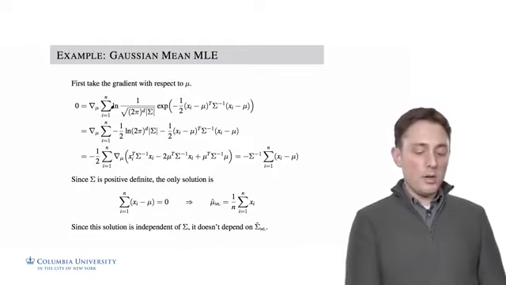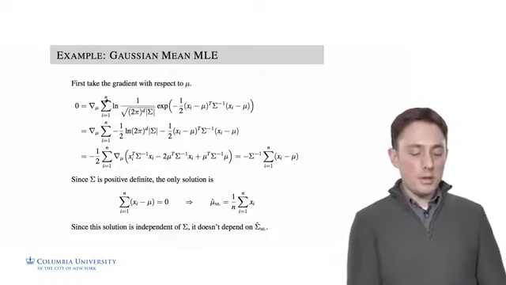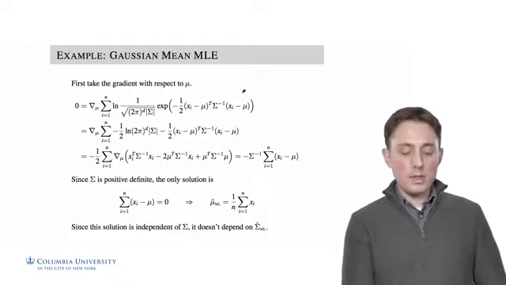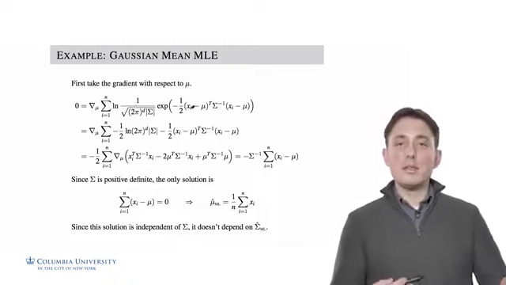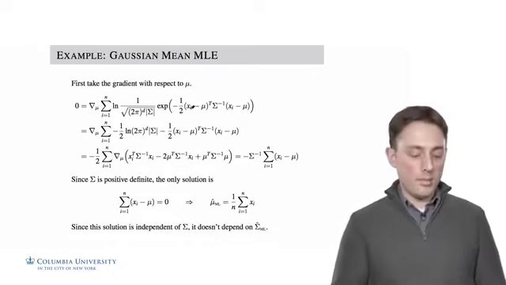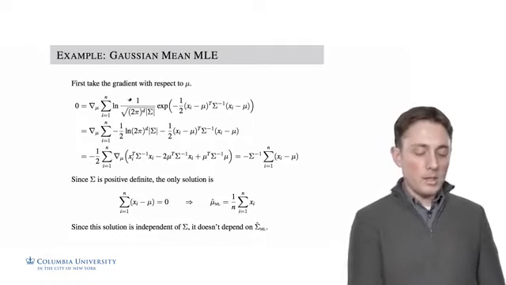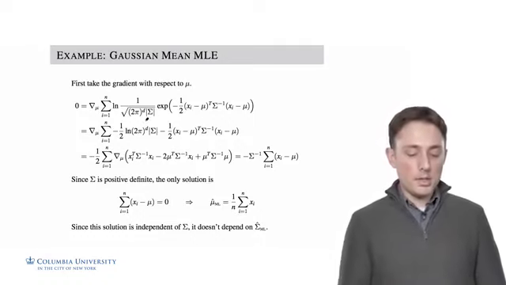So we have the log of the joint likelihood. That is the sum over each of the n observations of the log of the multivariate Gaussian evaluated at each observation. So here we're starting to get into the actual math where we're plugging things in and solving math equations. So we write out the multivariate Gaussian density function.